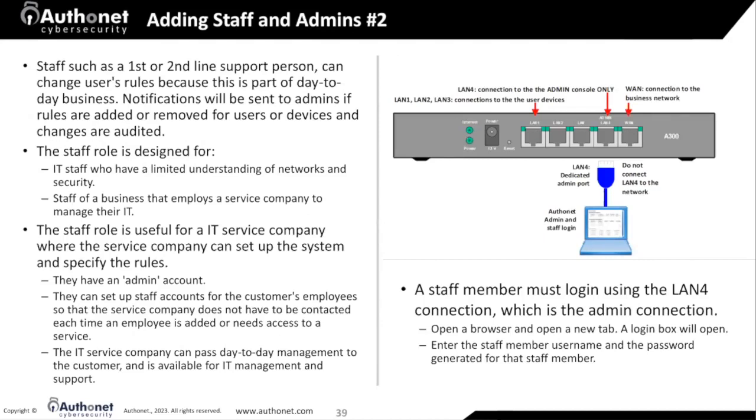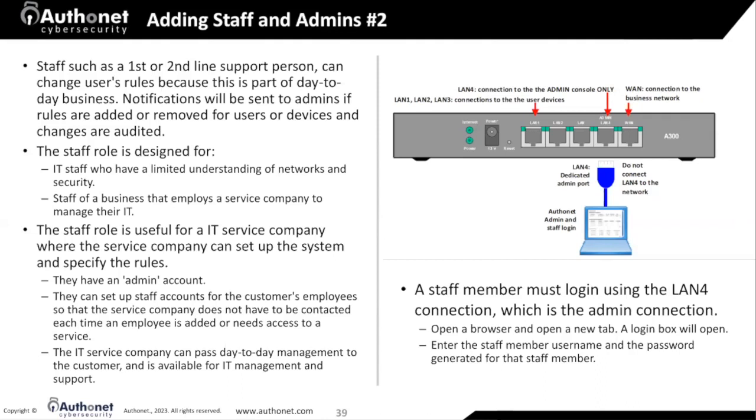The staff role is designed for businesses who require someone to be able to log into the system and make simple changes, but without making overall changes to the system. The admin will be used by maybe an IT service company to make broader changes to the system.